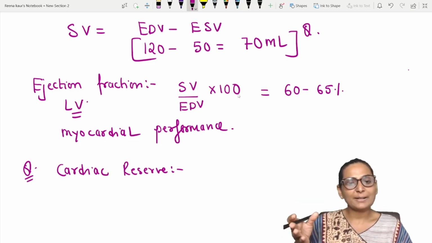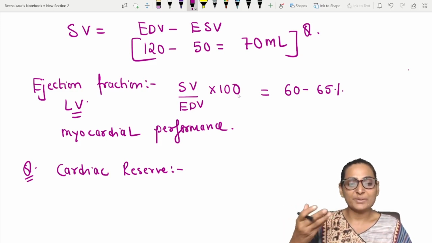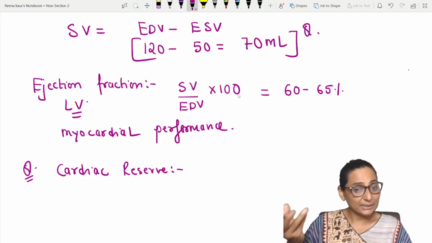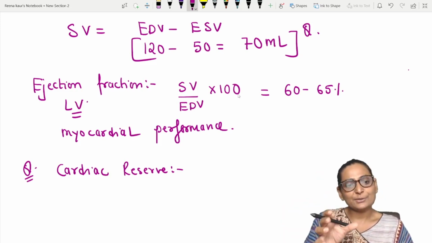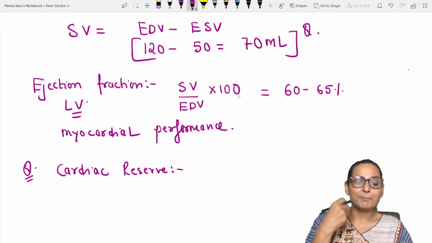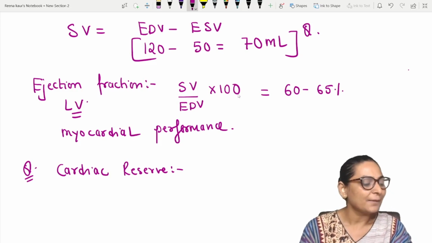What is the normal cardiac output? 5 to 6 liters per minute. But suppose if the person is performing exercise, definitely what will happen to his cardiac output, it will increase. So that is telling you how much reserve a person has, or how much maximally the person can increase his cardiac output above normal.